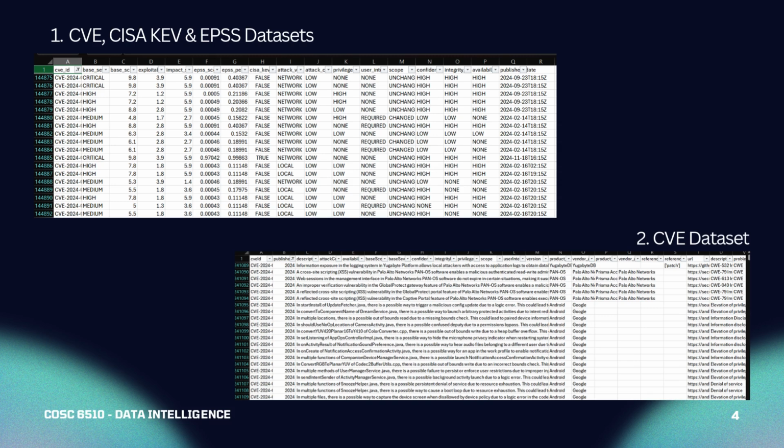The first dataset contains most of the cybersecurity scores that I'll be using to assess these records, and the second dataset contains information on the products, vendors, as well as the common weakness enumeration, and also whether these vulnerabilities have emerged in the known exploited vulnerabilities log as well.